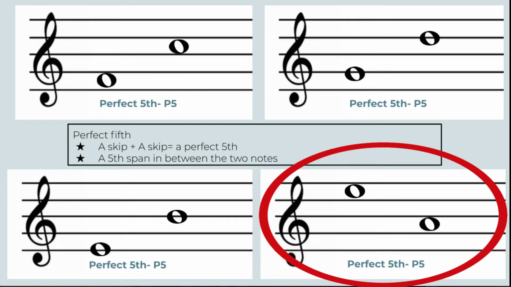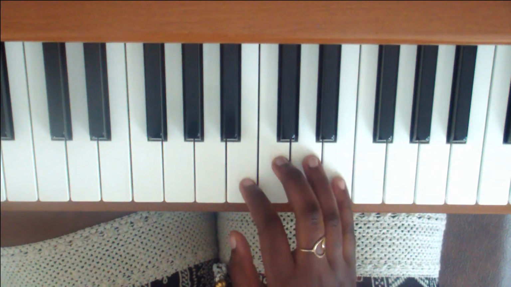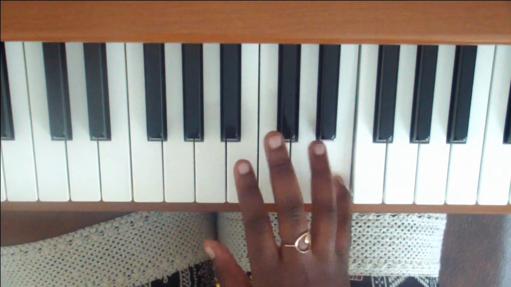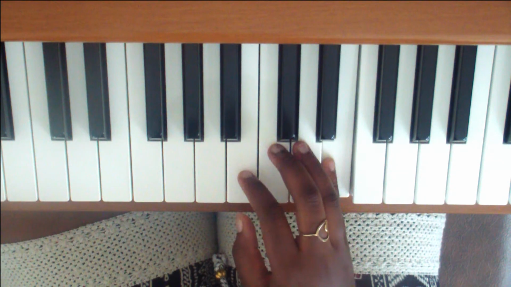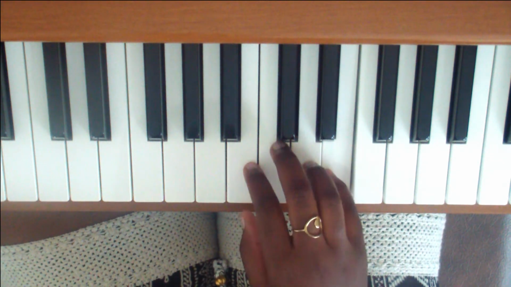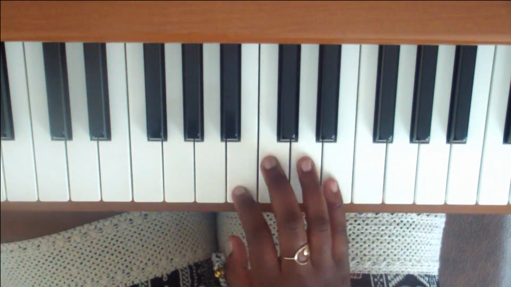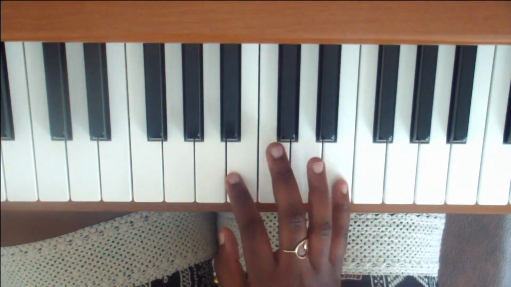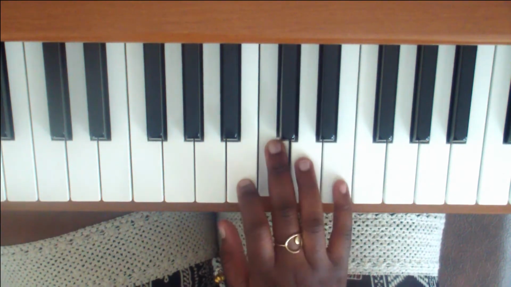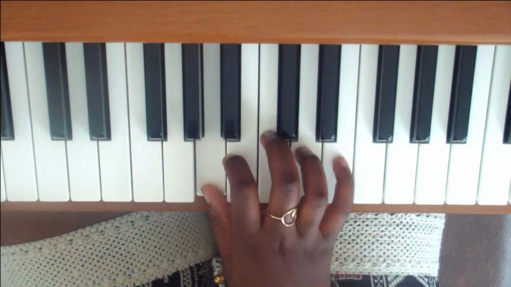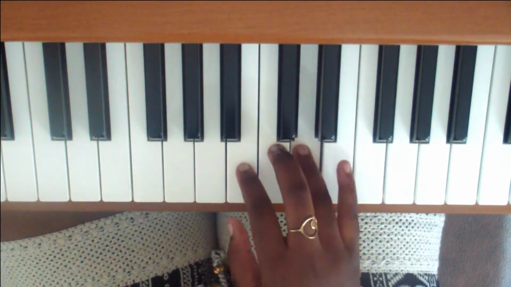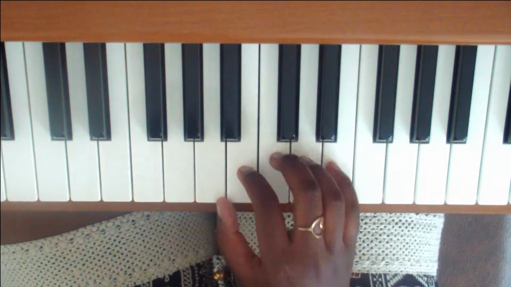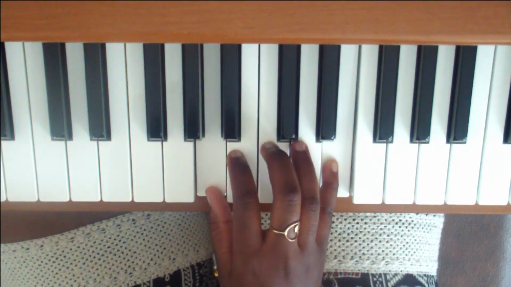So you have E, so I'm going to put my fifth finger on E, and I'll count downwards 5 keys to get to A, which will give you a perfect fifth. So 1, 2, 3, 4, 5, or you can go 5, 4, 3, 2, 1. Either way, there should always be a 5-letter span.